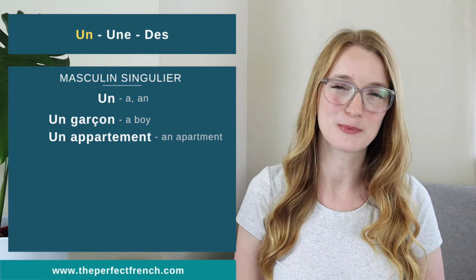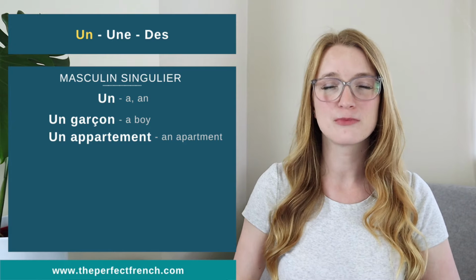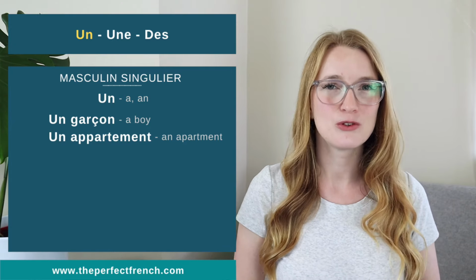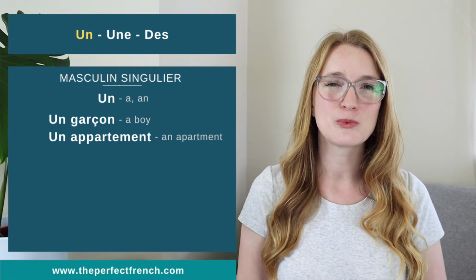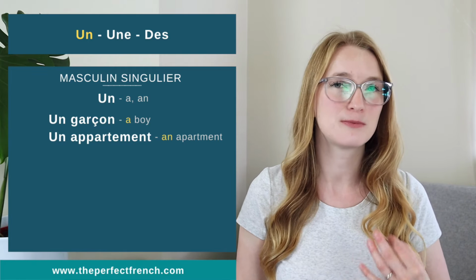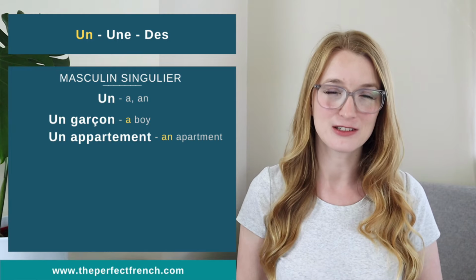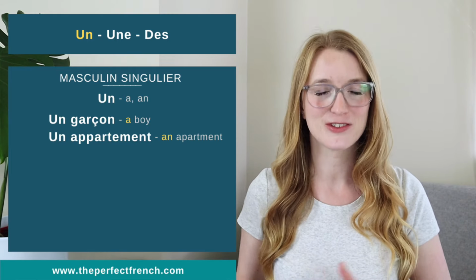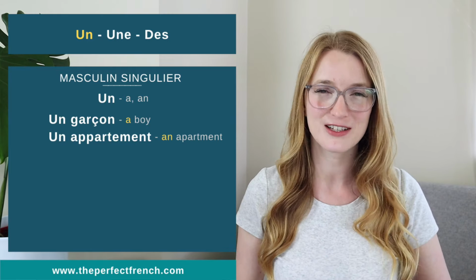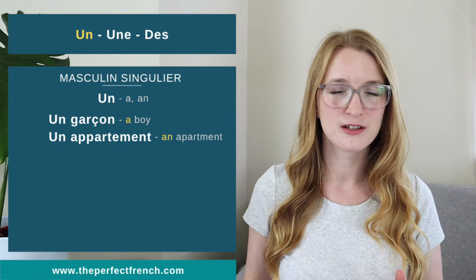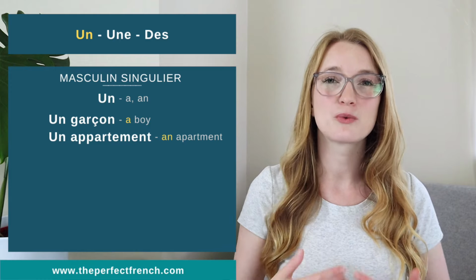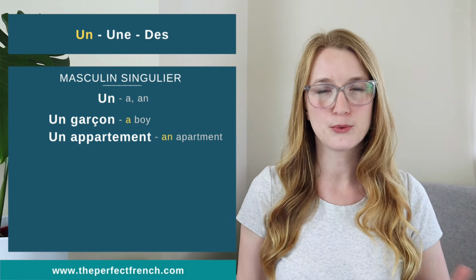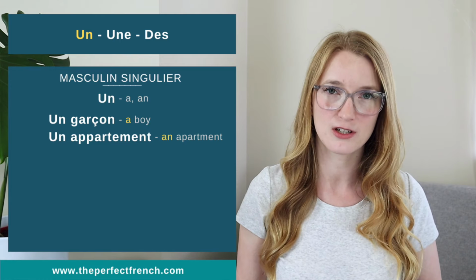Here I chose this example on purpose. If you follow my pronunciation course, you know everything about it already, but in French we don't have a different spelling in the article depending on whether the noun starts with a consonant or a vowel. In English we have a boy and then we have an apartment. In French we don't have a change in spelling, but we do have a change in pronunciation.